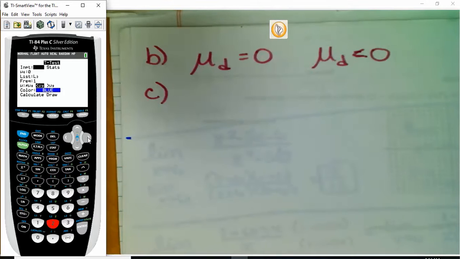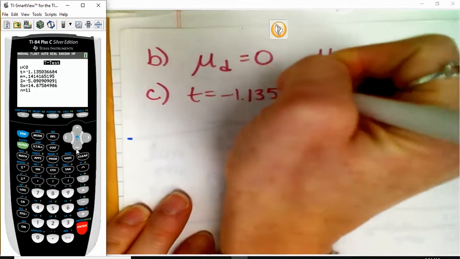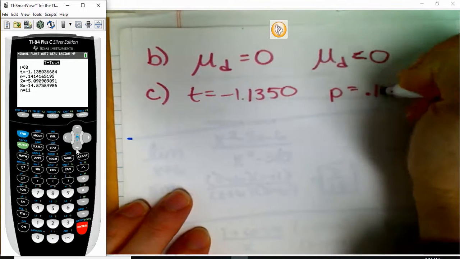And like we talked about, if you go to do your tests and you don't have the correct options, you pick the wrong test. We want to run it off of data or stats? Data. The mean of the null was 0. Your list should be L3. You may need to change that. We are testing less than. And so you get T to be negative 1.1350. The P is 0.1414.